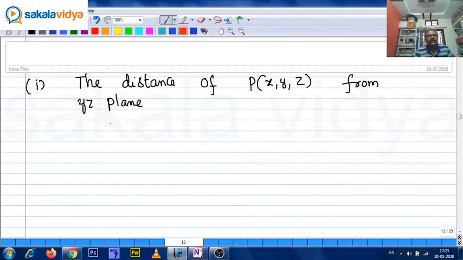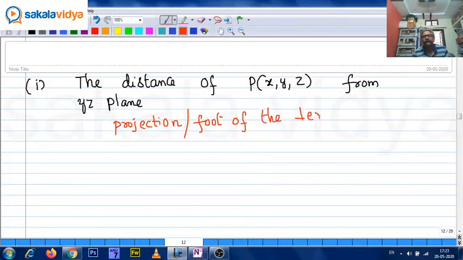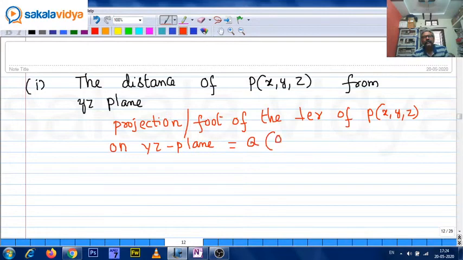First we need to discuss the projection, or foot of the perpendicular, of P(x, y, z) on the yz plane. On the yz plane, Q has x equal to 0, so Q is (0, y, z).